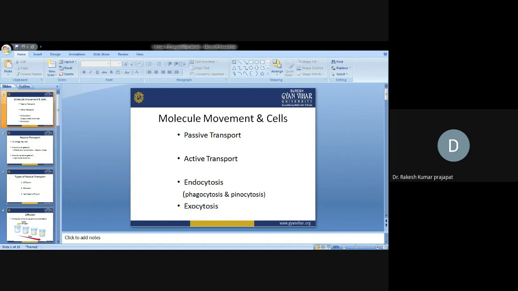If the solute is present in less concentration outside, and solutes in the cell are more than outside, the solvent will flow into the cell. Hypo means less concentrated. Solute in the cell more than outside means the concentration of solute on the outer side is less.